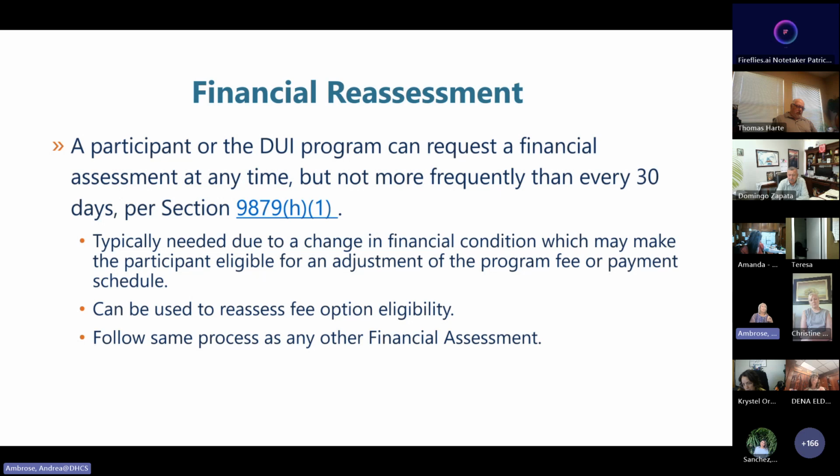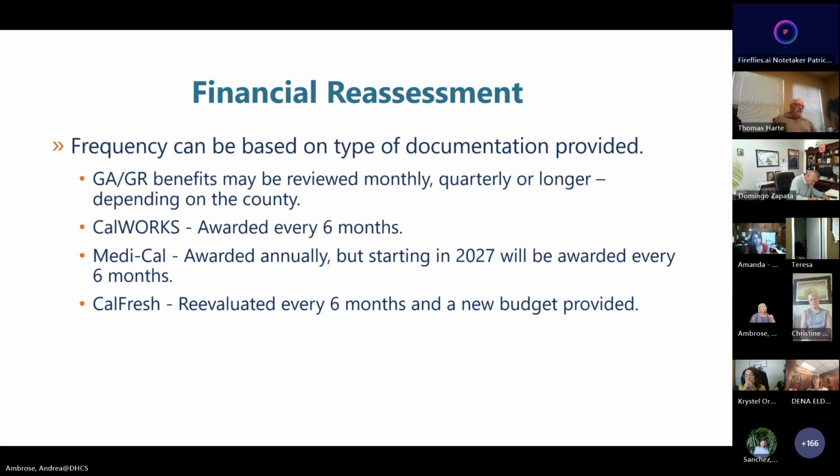But here's the thing, when you do a financial reassessment, you follow the exact same process that you would for any other financial assessment. So if you're going to reassess a participant's eligibility for the $5 a month plan, what you're really doing is a financial reassessment. So you'll need to go through the financial assessment process.